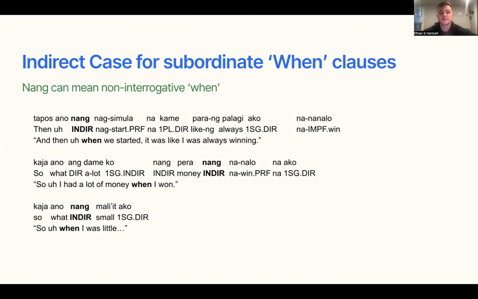Oh, indirect case for subordinate when clauses. So nang can also mean when, not in the question sense. So when we started, nang nagsimula, which is from the bingo story, and then when we started, it was like I was always winning. Tapos ano nang nagsimula na kami, parang palagi ako nananalo.